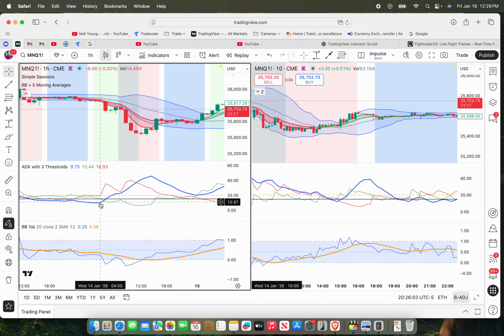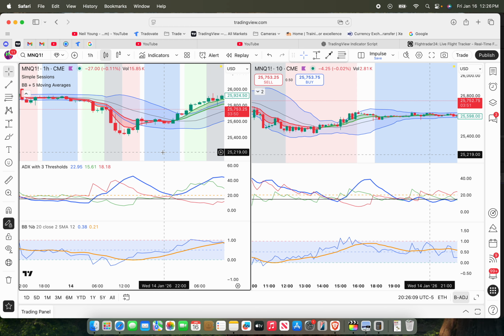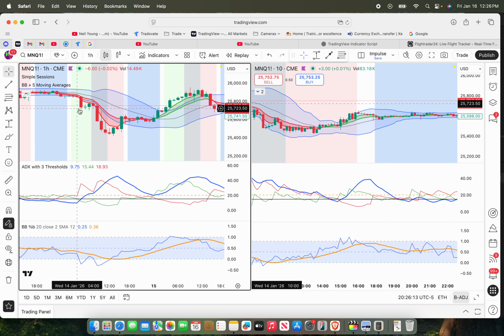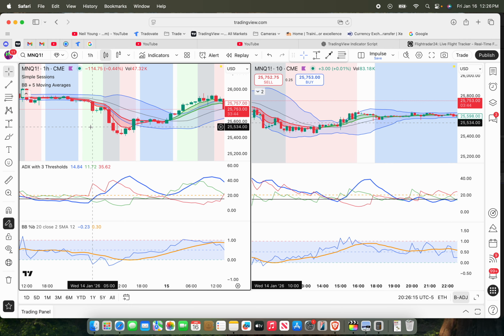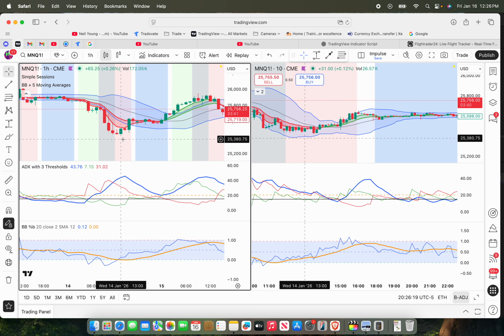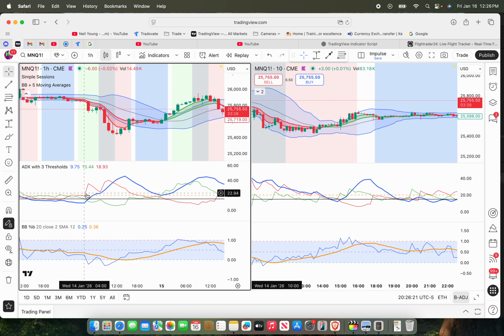It does lag, and the lagging component is the ADX line. Okay, so I'm as thick as a brick. I need to have a lot of indicators to say, mate, we're going short or we're going long. Okay, and this is why I have this ADX.